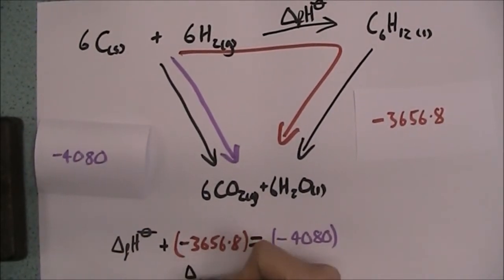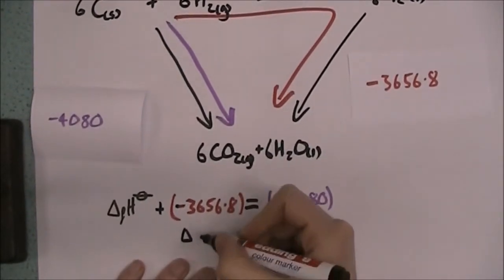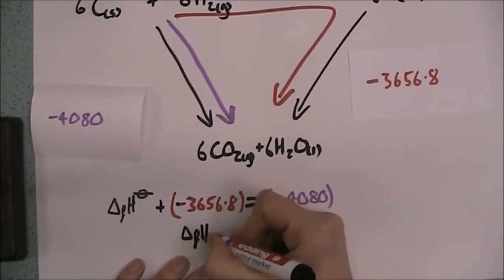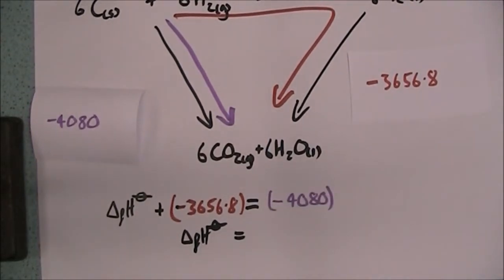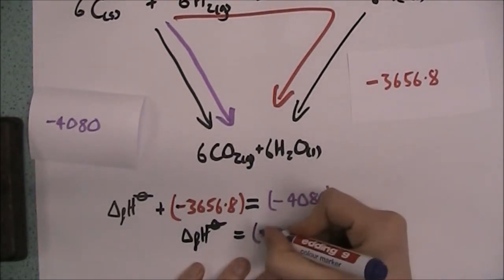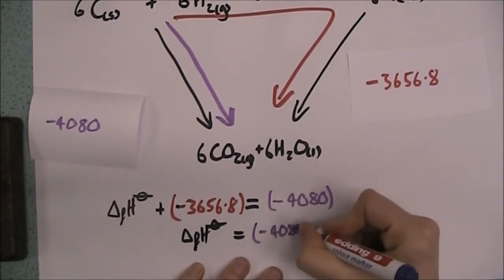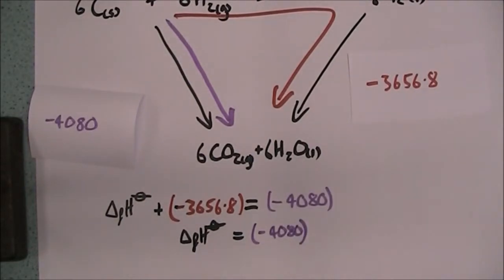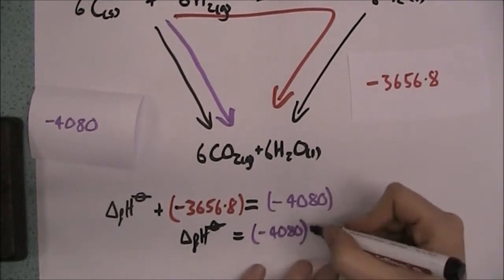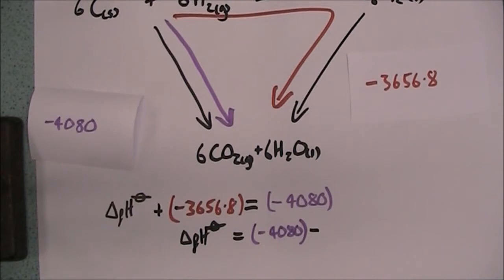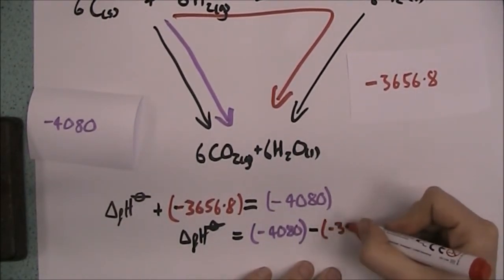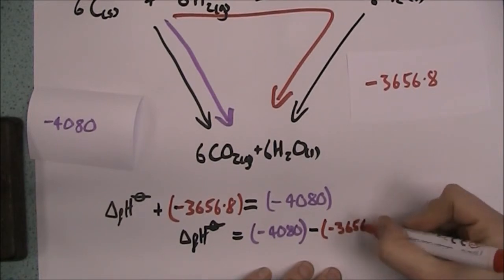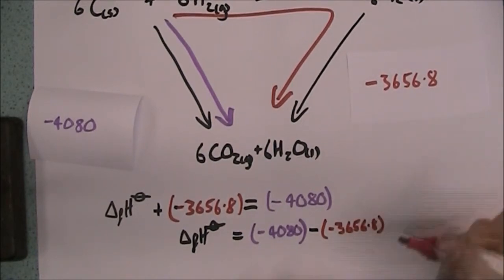So the standard ΔfH should equal minus 4080, which was the term I had there before, minus minus 3656.8, which is the term I had before.